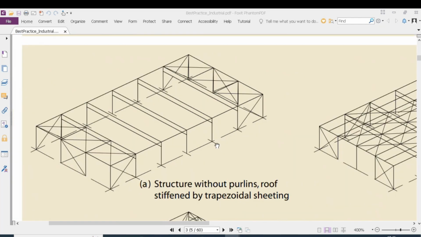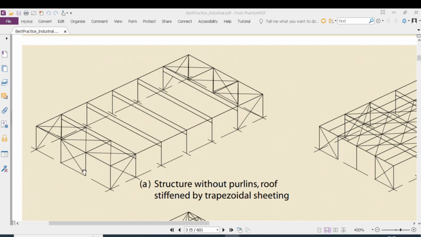In the case of simple frame systems, we don't have stability either in plane of the frame or out of plane. Hence, in addition to the out of plane brace system, we have to provide an in plane bracing system.